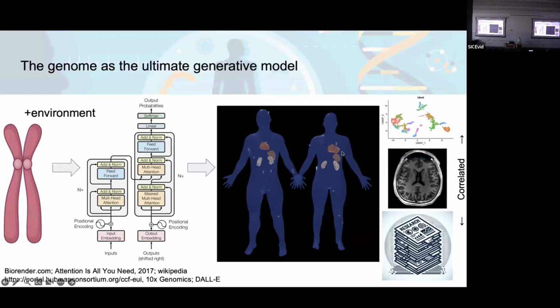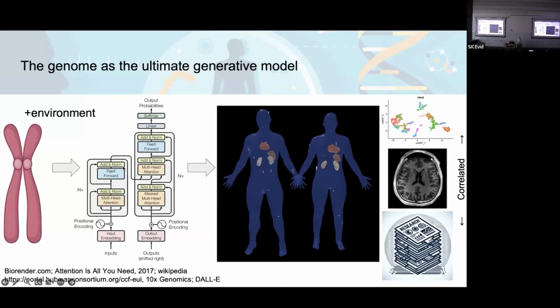And for the human genome, it can generate humans. There's also environmental influences that come into play, but a lot of the information to generate all the systems in the human body is encoded in the genome. And so maybe we can think about it as a generative system. This figure here is an example of a generative system, a transformer, that's used in ChatGPT type of AI applications.